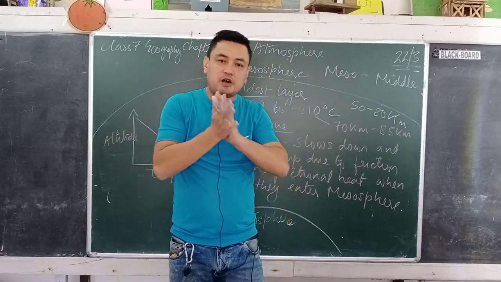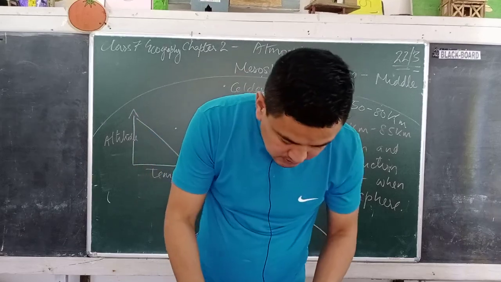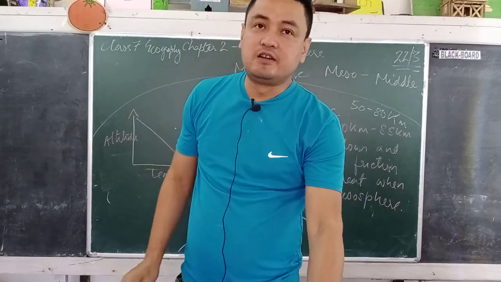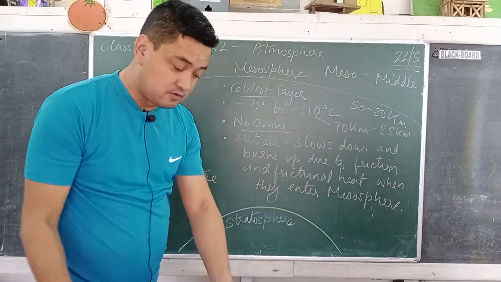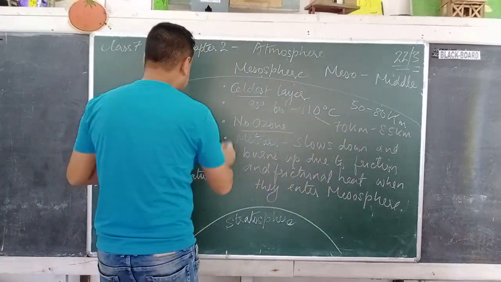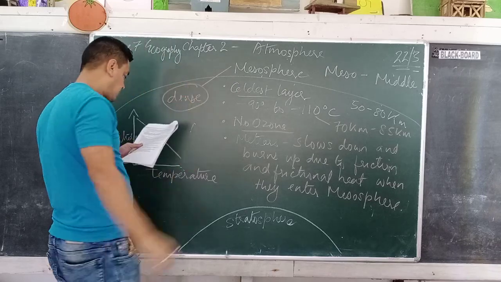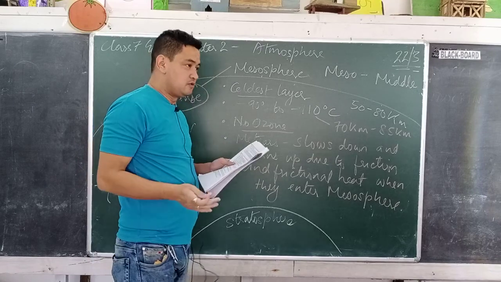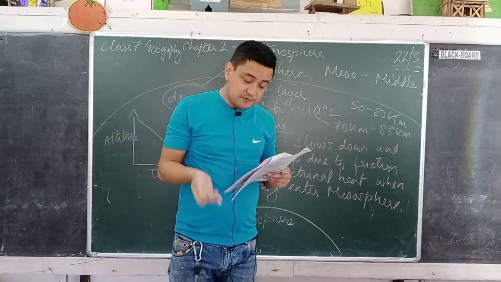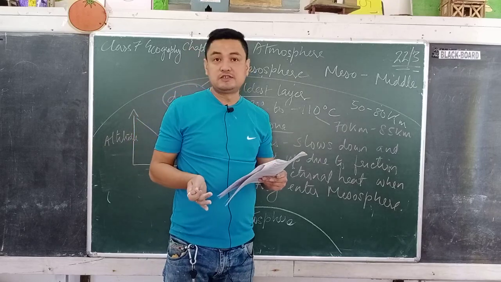What is friction? Whenever you rub your hands, this causes friction. The mesosphere is fairly a dense layer. As meteoroids or meteors or asteroids enter the mesosphere, there is a lot of friction between air molecules and the object.